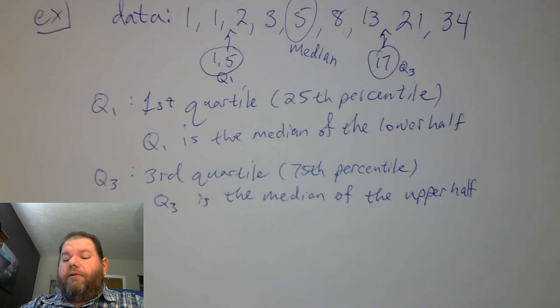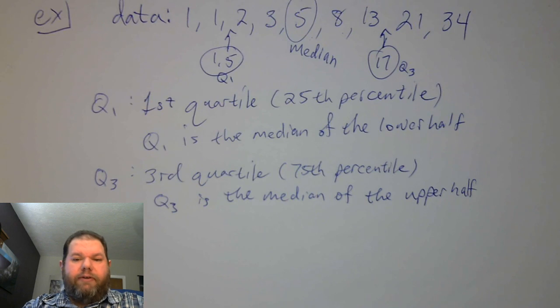So there is a logic there, and then certainly if we have a lot of data values, it's going to be a lot easier on the calculator than it is by hand, but I just wanted to make sure I showed you the by hand approach as we did with everything else.